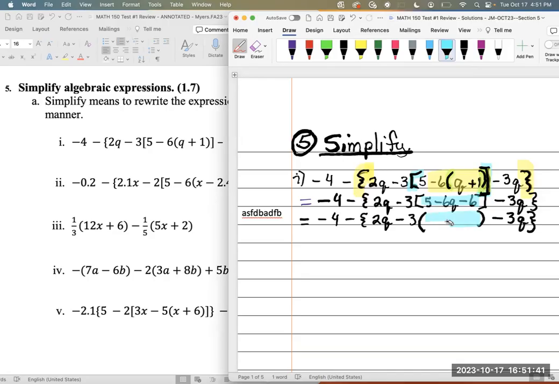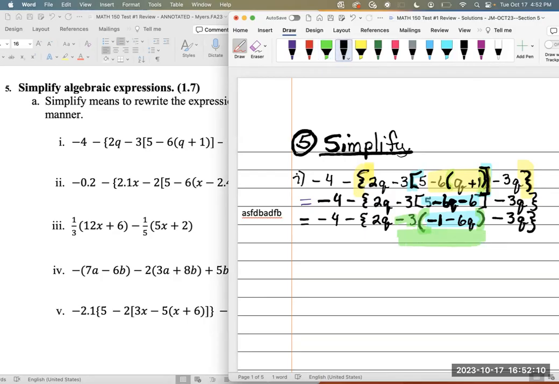That is what I want to simplify and put right in here. 5 minus 6 is -1. And minus a 6q would be -6q. So now I can rewrite this portion, but I need to remember it's -3 that's being multiplied by everything inside the parentheses.